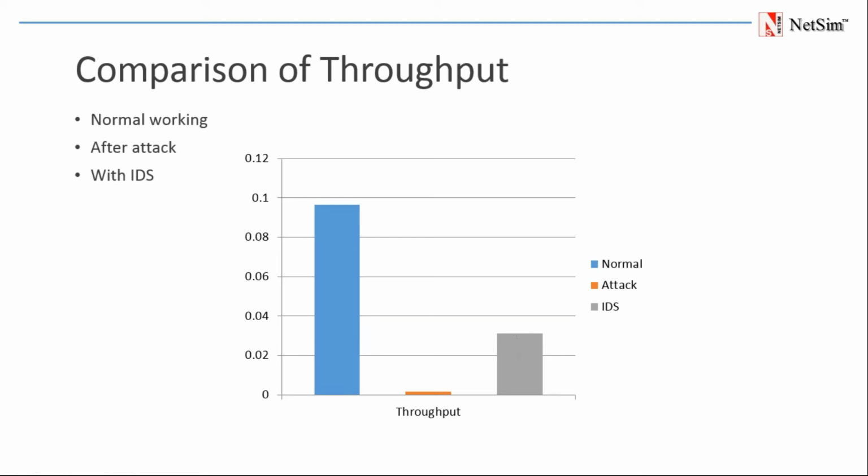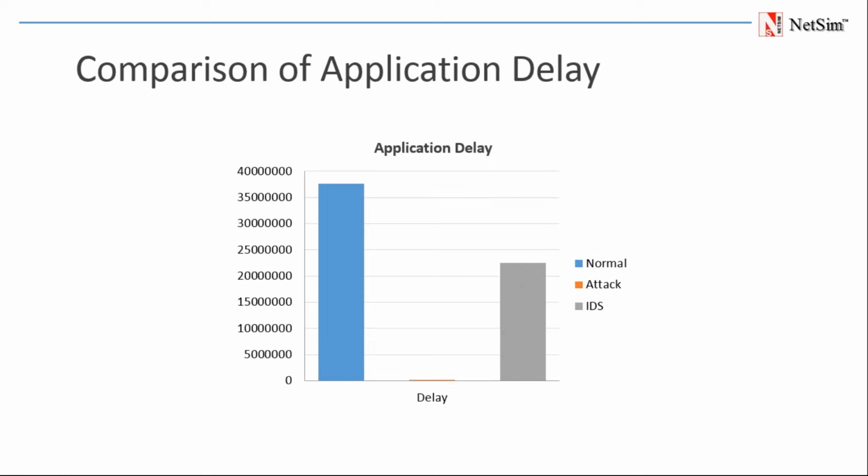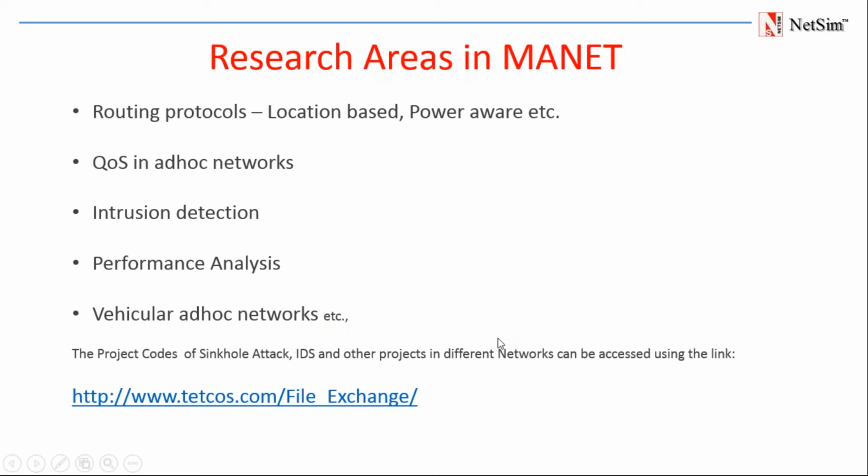So it improves our throughput when we implement an IDS. Also in the comparison of application delay, we have values under normal conditions. Then in attack condition, we have almost zero values of delay. Then with the implementation of IDS, we get some values.